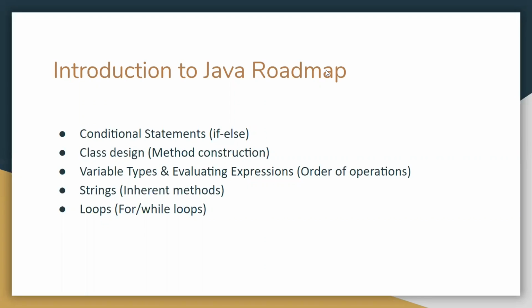On the second class, we talked about class design. And class design basically gave an overview for how Java works. We have multiple classes, and these classes can refer to each other. But for the sake of simplicity, most of the time we will be dealing with one class, and within these classes, we can have a main method, which is where we run everything, and we can also have separate methods underneath it.